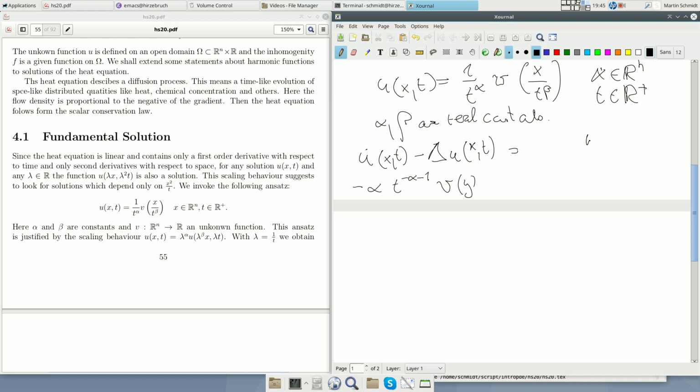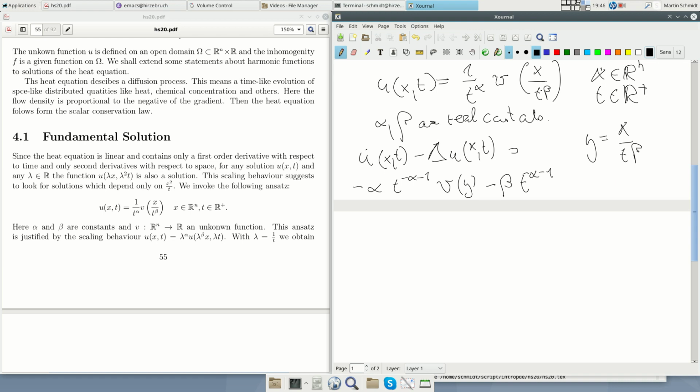And y is here just an abbreviation. Now if we take the derivative at the other place, then we get minus beta, and with respect to time we also get 1 power less, and together this again gives t to the power of minus alpha minus 1.